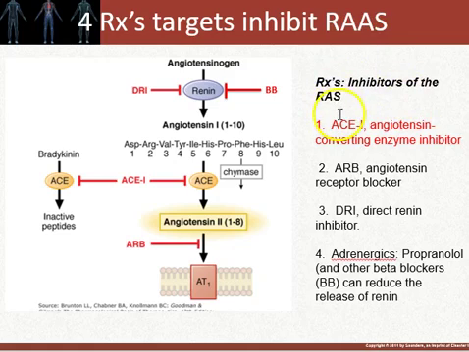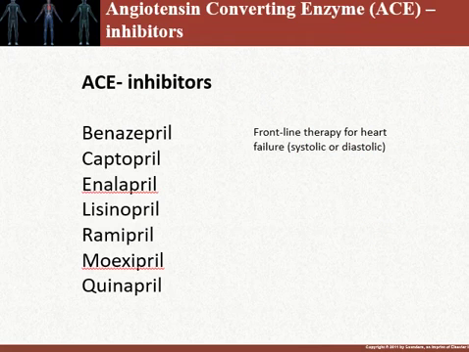For heart failure with preserved ejection fraction caused by aortic stenosis, really the only one that might have any type of clinical benefit are the ACE inhibitors. The other drugs listed here have yet to show any type of benefit in this particular patient population. Okay, and just to review, these are all your ACE inhibitors. They all end with pril.